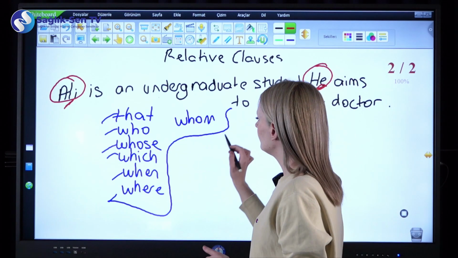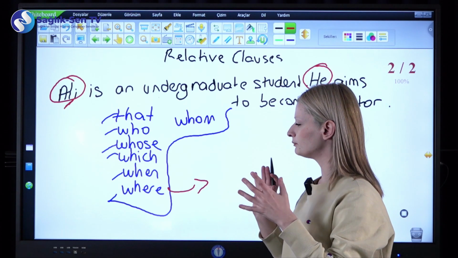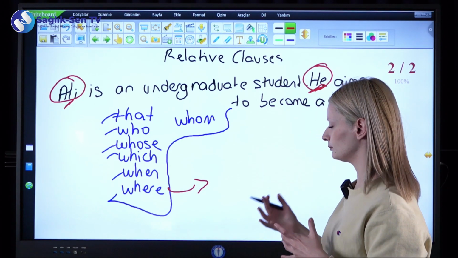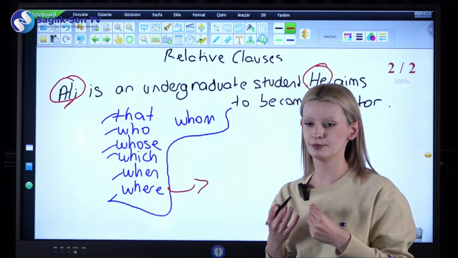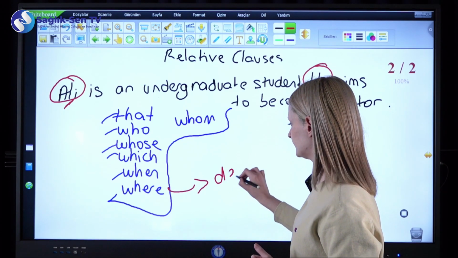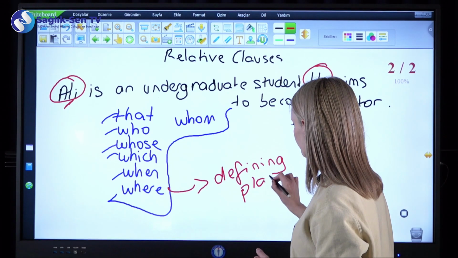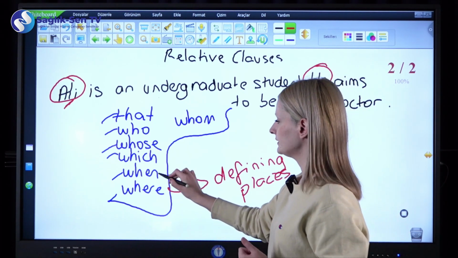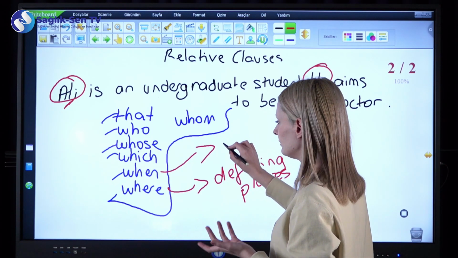For example, we have where. This is a relative pronoun that we confuse the most, but actually we have a pretty simple rule to keep in mind, which is defining places. We will get to when later, when we want to shorten the time expression.